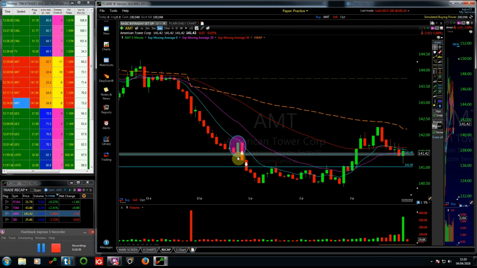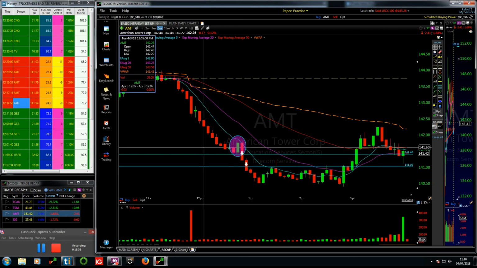So when I got this candle here, I was watching it and I saw this candle break. You could have gone long. We could have gone long here on the break of the body at 141.59, risking off 141.41.